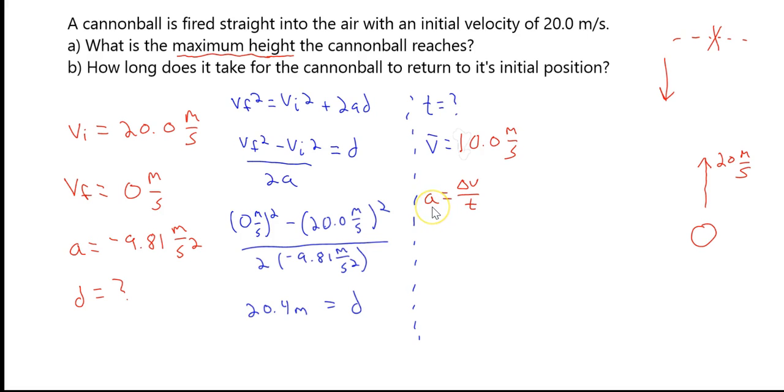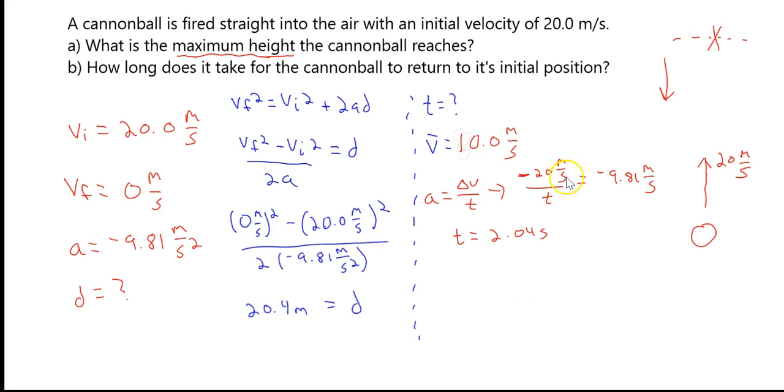We know that an acceleration changes velocity over some time period. I know that this change in velocity is equal to negative 20 meters per second, because I started with a positive 20 meters per second and I ended at 0 meters per second. So rearranging the equation, I will simply solve for t, and I'll end up with 2.04 seconds.